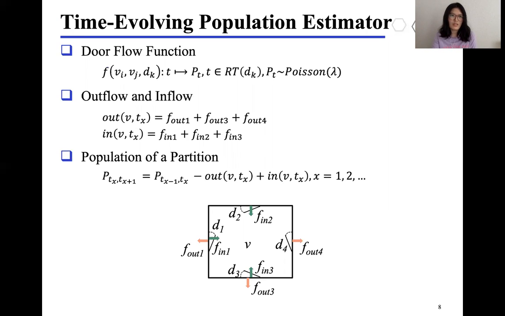Then we can obtain the outflow and inflow in a partition by using the sum of door flows in that partition. Finally, we can calculate the population of a partition by using its current population minus its outflow and plus its inflow.